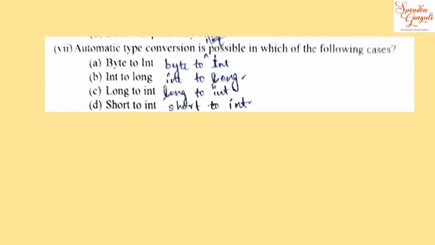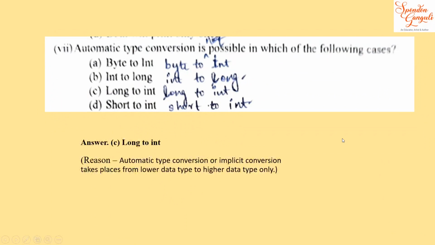Automatic type conversion is not possible in which of the following cases? Byte to int, int to long, long to int, and short to int. Now we all know automatic or implicit conversion takes place when a lower data type is converted to a higher data type only.